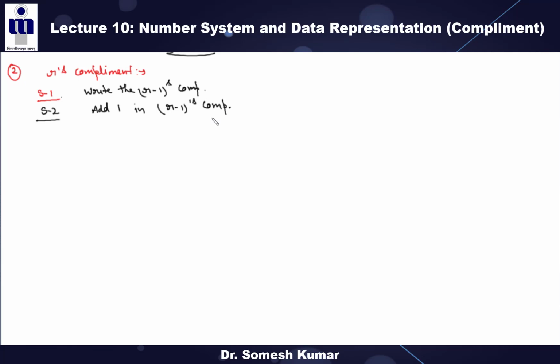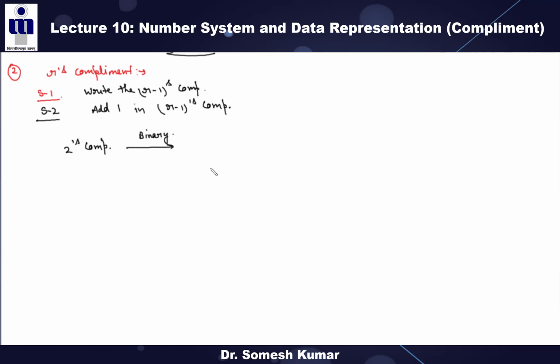For example, for the binary number, the 1's complement we already found out. For the 2's complement we can add 1 in the 1's complement. For example, you have to find the 2's complement of this binary number.